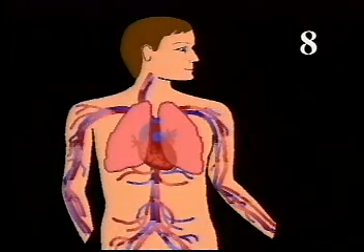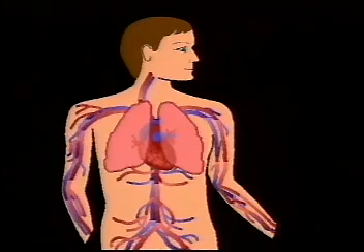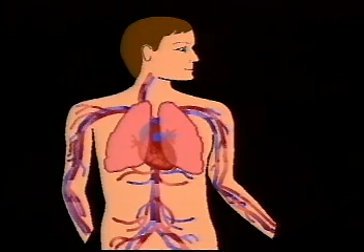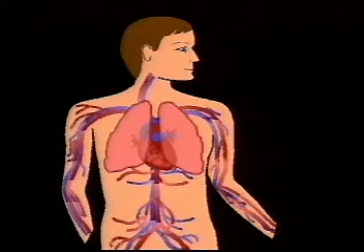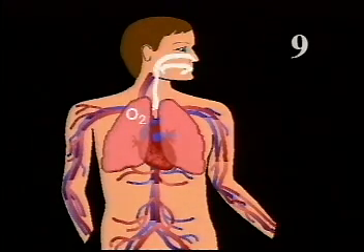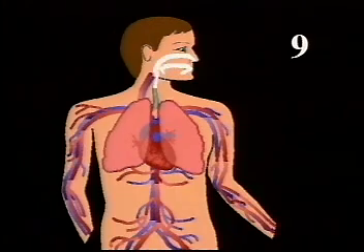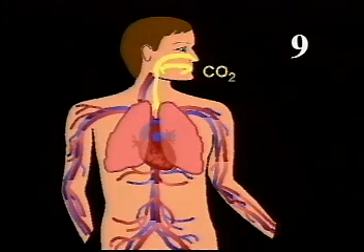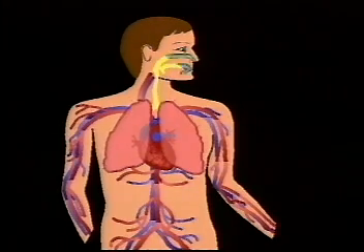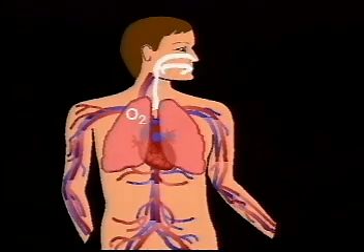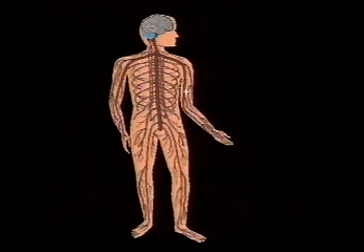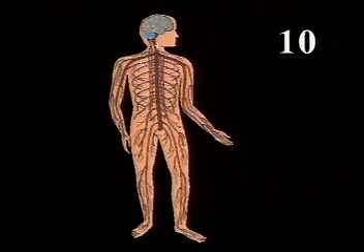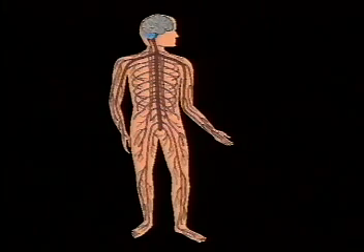The organ system used to pump blood is called the... system. The organ system for breathing is called the... system. The brain is the main organ of the... system.